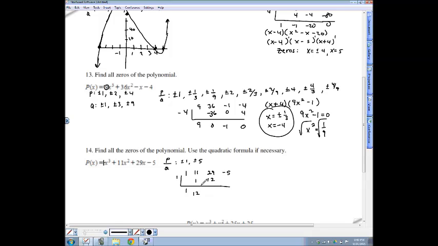This is not looking good. We try -1. Not looking good either. Try 5.